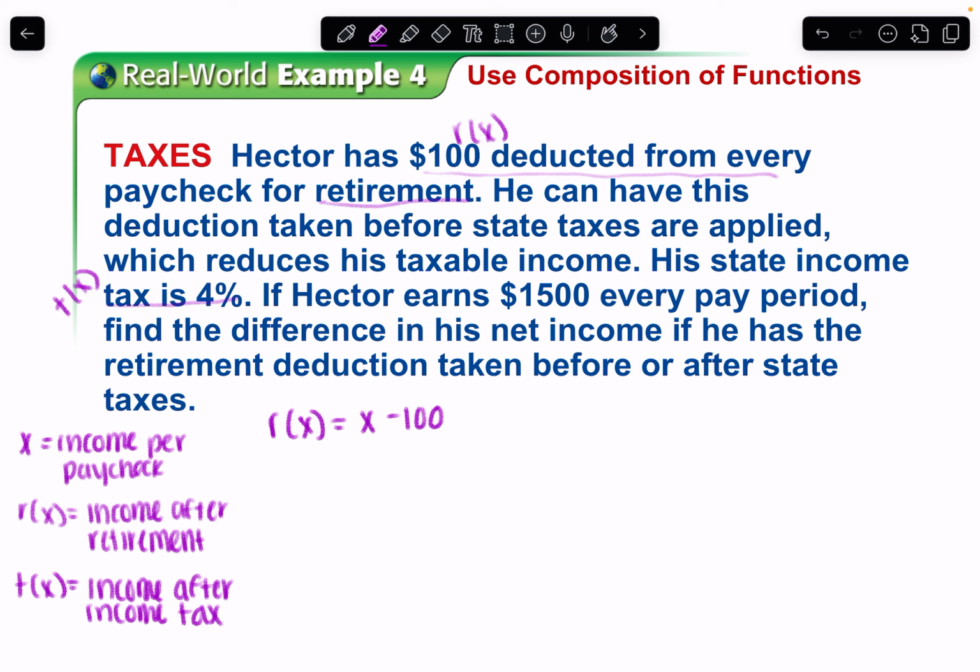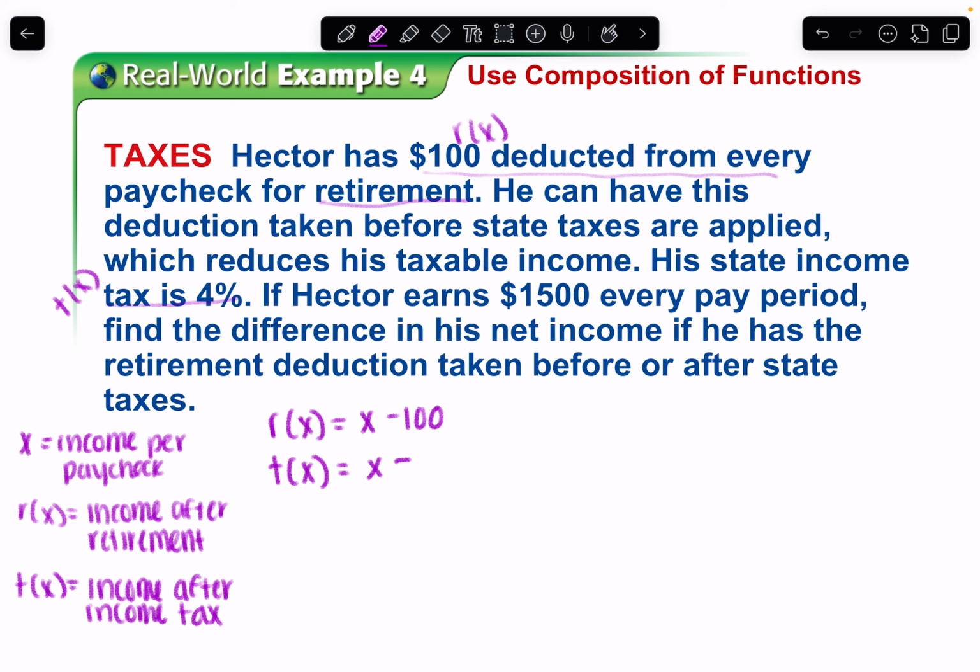Then T of X is your income after your state income tax. What that would look like is T of X is equal to X, your amount, minus 4%.